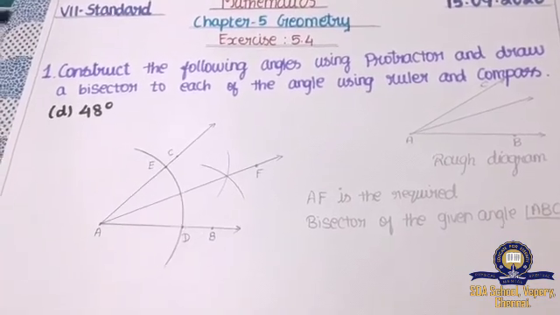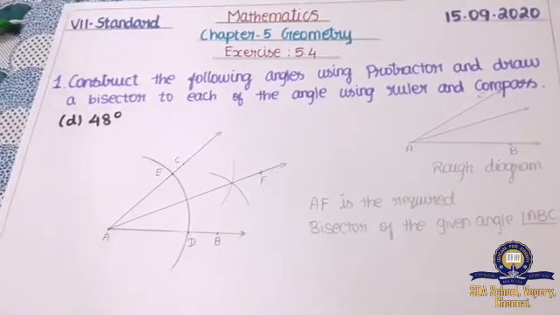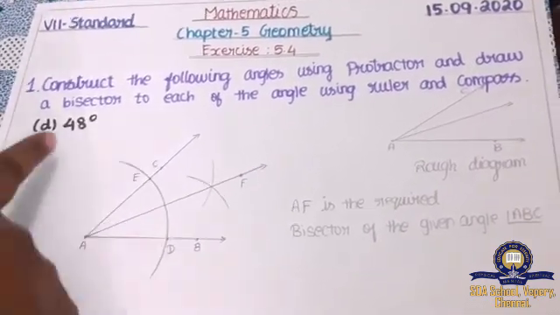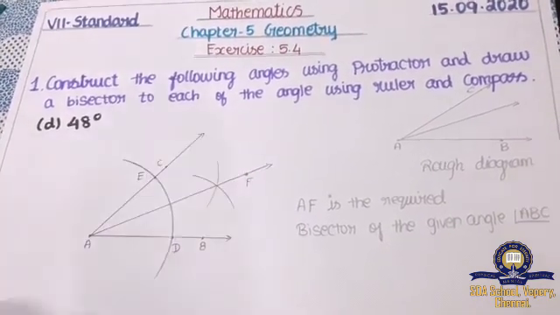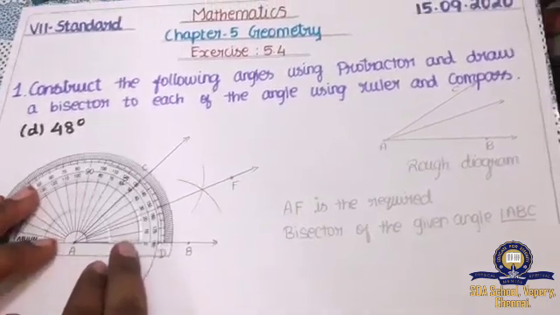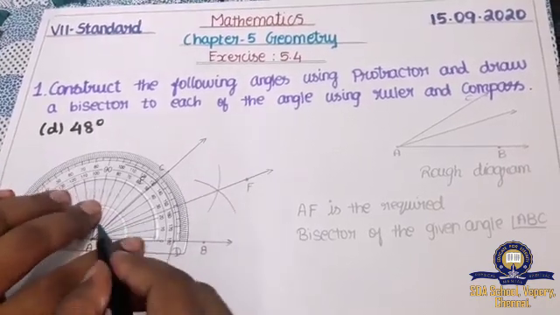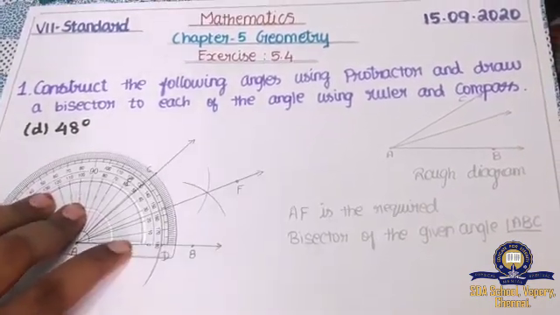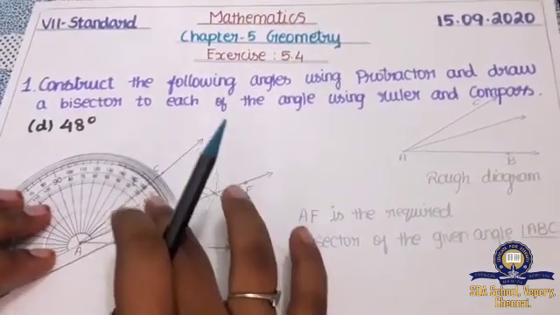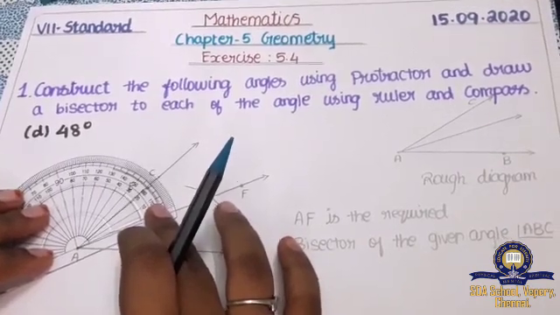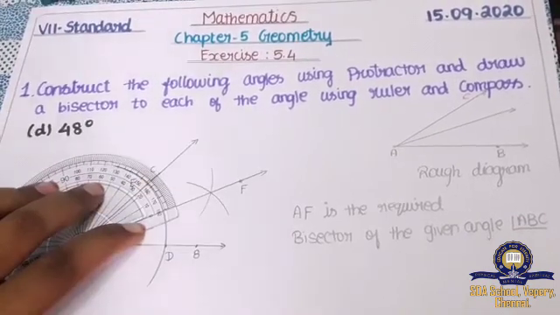Shall we check whether it is right or wrong? What is the angle bisector? Angle bisector means it divides an angle into two equal angles. So, here the given angle is 48 degrees. What is half of 48 degrees? 24 degrees. So, using the protractor, keep the A, B line and see the F line goes on the 24 degree. And with the A and F line, we can see the C line goes on 24 degrees.